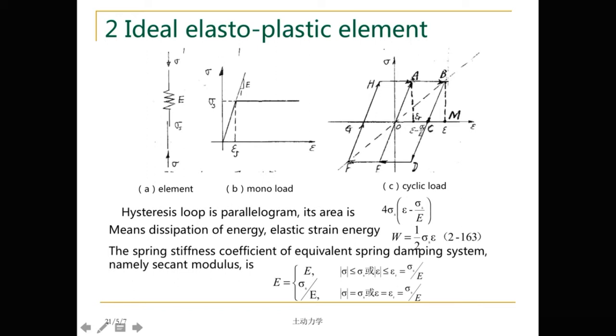Because this point is just on the elastic line, we can easily calculate this value, epsilon r. We define epsilon r just equal to sigma s over E here. And we define this as the reference strain of this system.